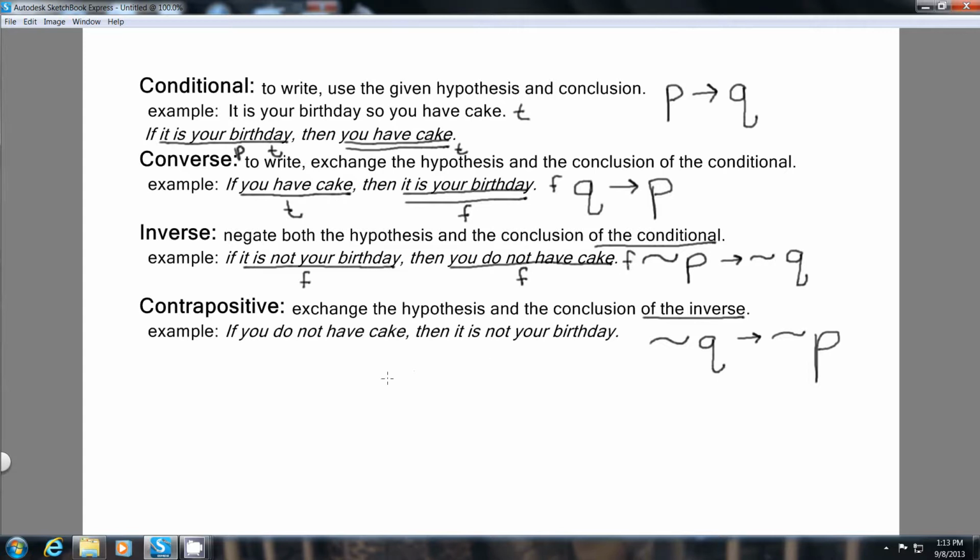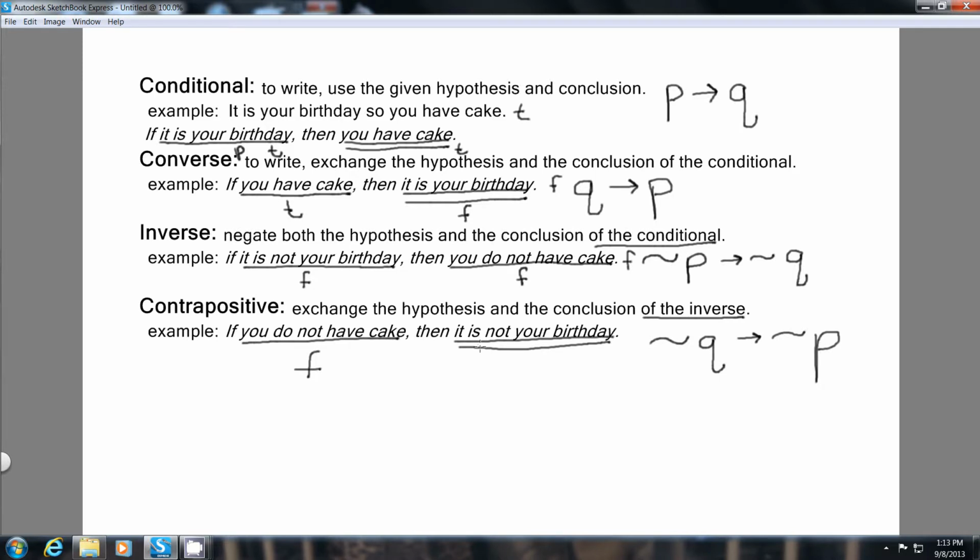Contrapositive. If you do not have cake, which is now our hypothesis, then it is not your birthday, which is our conclusion. Well, if you do not have cake, in our original statement it says you have cake. So you do not have cake is false. Then it is not your birthday.